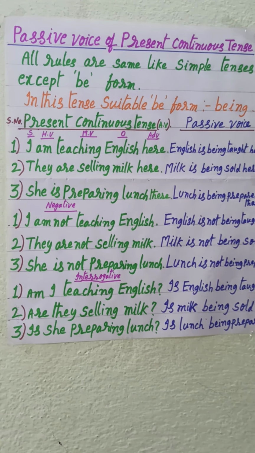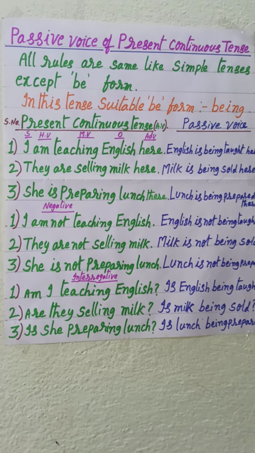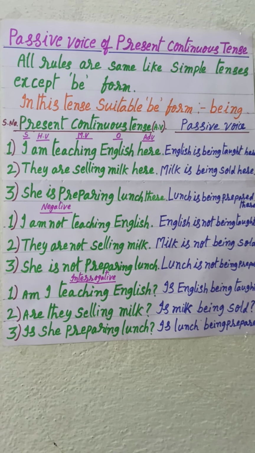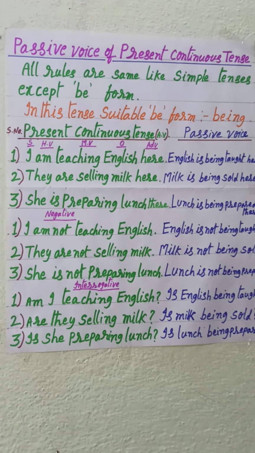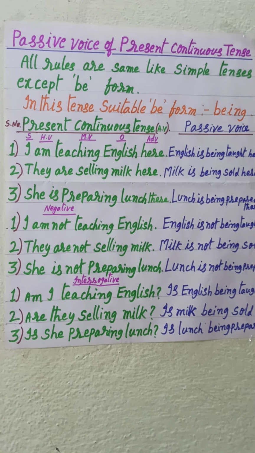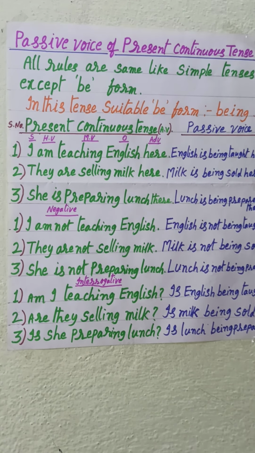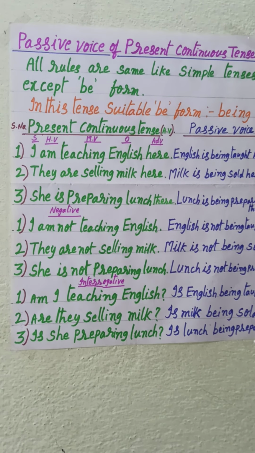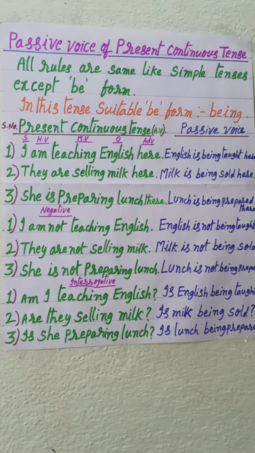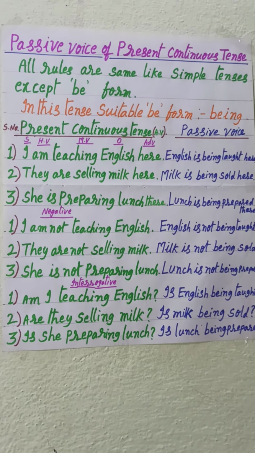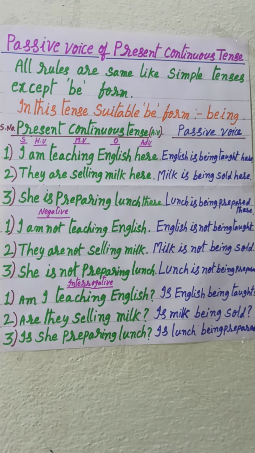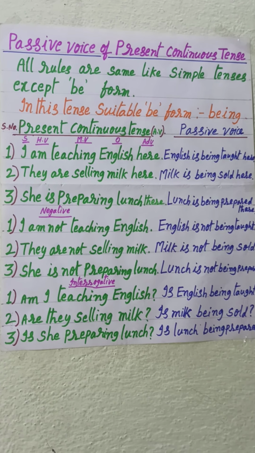Already we learned some rules about changing active voice to passive voice in the simple present tense. Subject changes to object, object changes to subject. The main verb is used in the past participle, and a suitable be form is added before it.